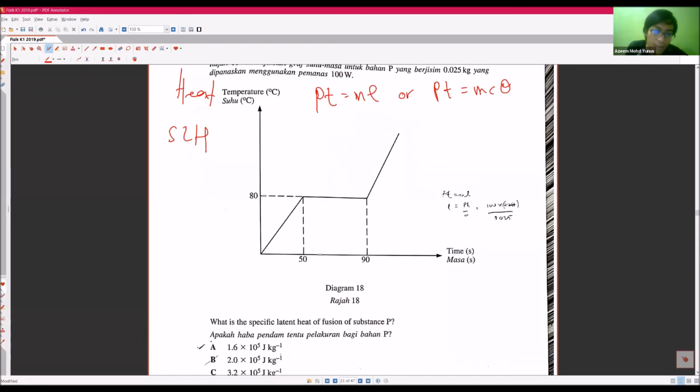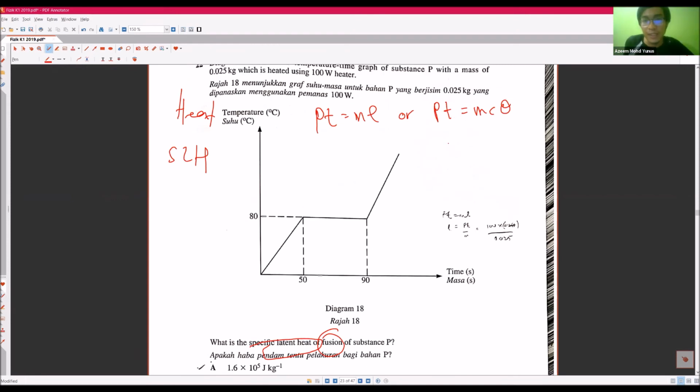What is the specific latent heat of fusion here? The question already asked us about specific heat capacity before, so we must assume that this question should be specific latent heat. So we can reduce the possibility of using this formula over here.